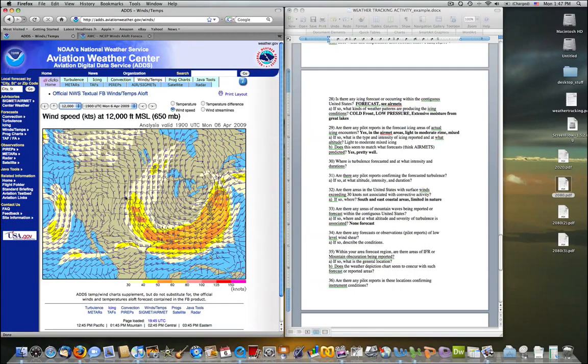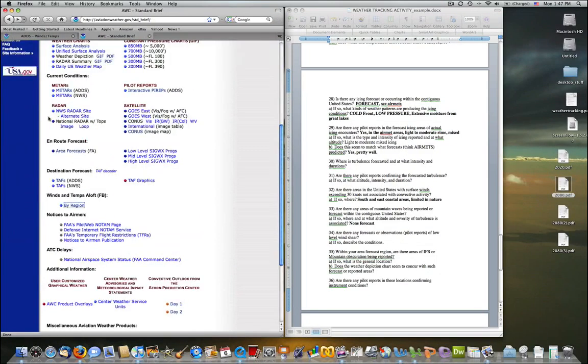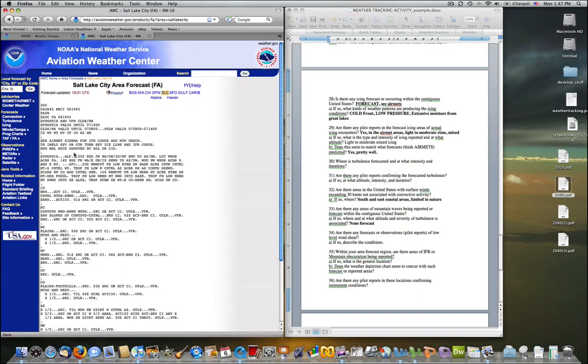Well, how are we going to know stability in these areas? There's a couple ways, but one that we could use is back on our standard brief again. On the standard brief, we can go to the area forecast, and they can talk about the air masses in these areas. In the synopsis, it will talk about unstable and stable air and the types of conditions that are prevalent in those areas.